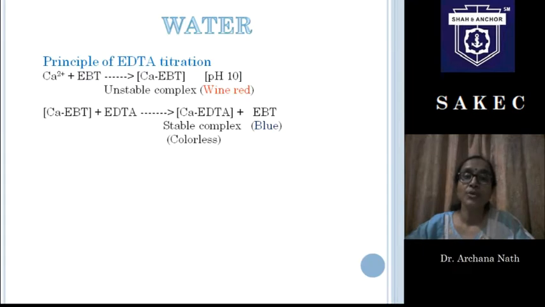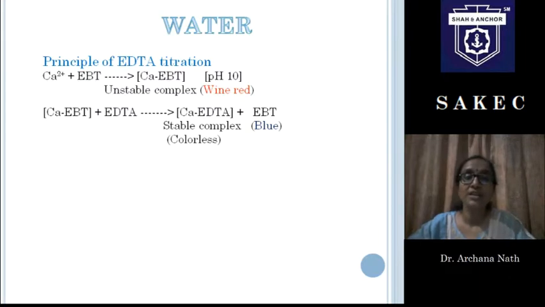Now we will learn the principle of EDTA titration. This is called a complexometric titration. In this titration, we use an indicator called Eriochrome Black T, the EBT indicator. As the color change is sharp at pH 10, we maintain the pH of the solution at 10.